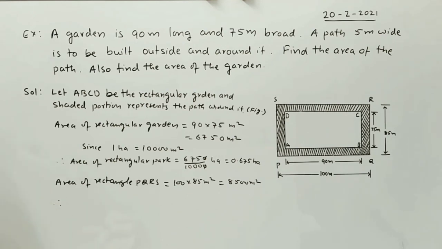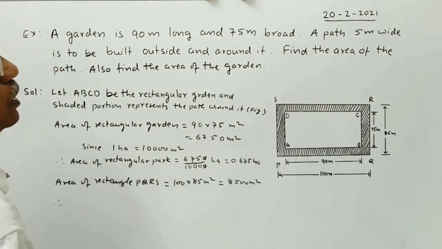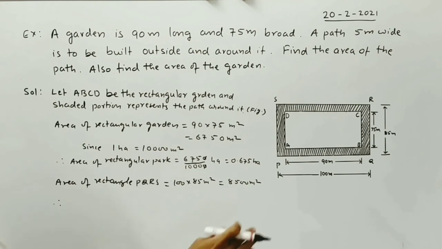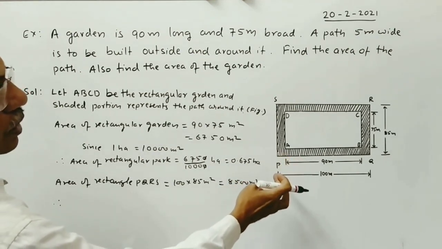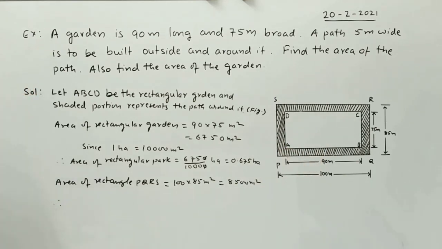Therefore, area of the path around the garden is equal to area of rectangle PQRS minus area of rectangle ABCD.